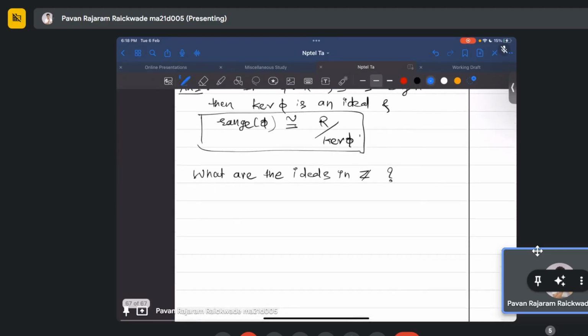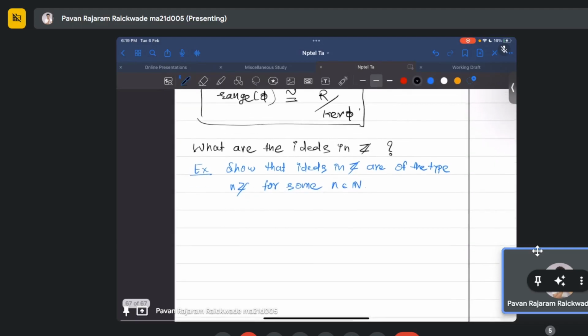It is a simple exercise, I'll give it to you. Exercise: show that ideals in Z are simply of the type nZ, for some n in natural numbers.